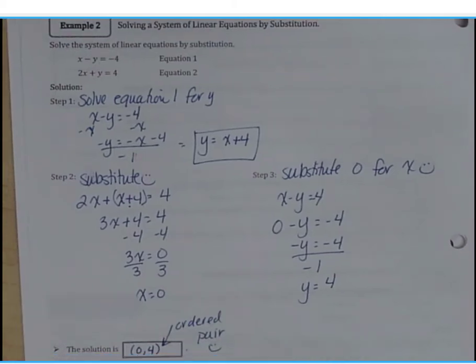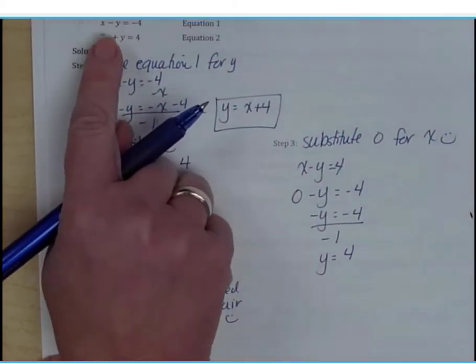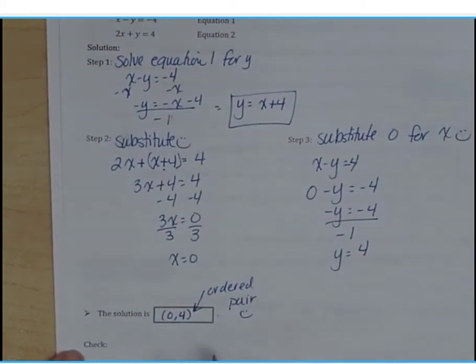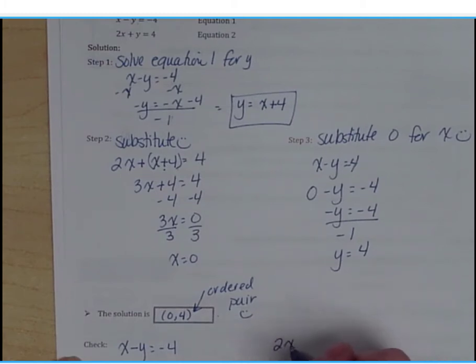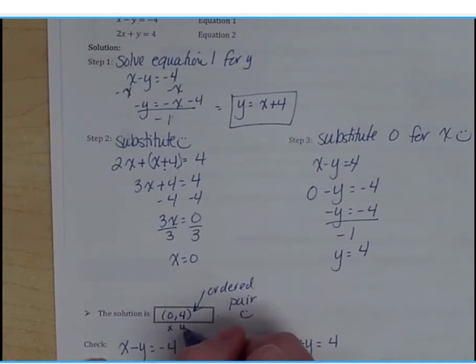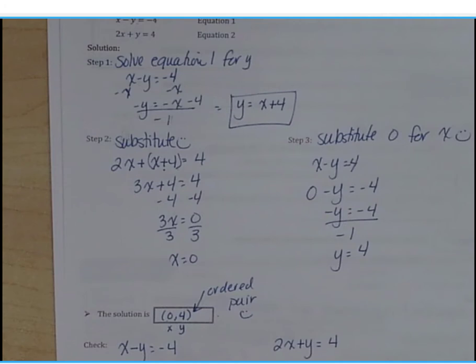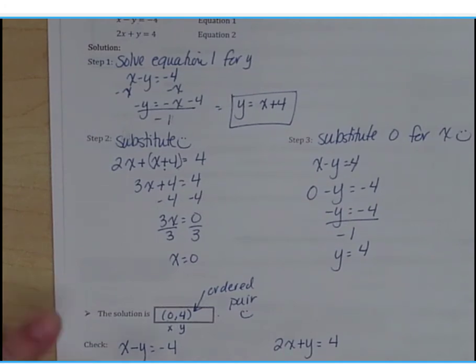Now, how do I check my work? This has to be true for both equations. So I've got x minus y equals negative 4 and 2x plus y equals 4. So I'm going to replace my variables here. Remember, this is the x value and this is the y value. I have 0 minus 4 equals negative 4. 0 minus 4 is negative 4, so that worked.